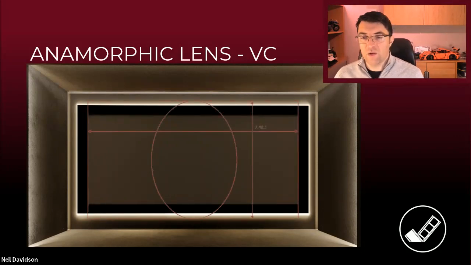What you then do is you actually use video processing to stretch that image. It's typically 1.33 times that you stretch the image by. I'm sure some of you who are more knowledgeable will know that some of those lenses now are 1.25, but typically it was always 1.33 times.